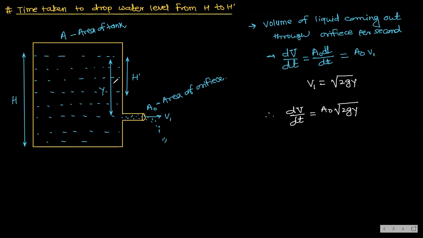Can you see this hole is at depth y? That's why this v1 I am replacing with root 2gy, and therefore dV by dt is equal to a naught under root 2gy. Clear? Yes, sir. Now see what I am doing.